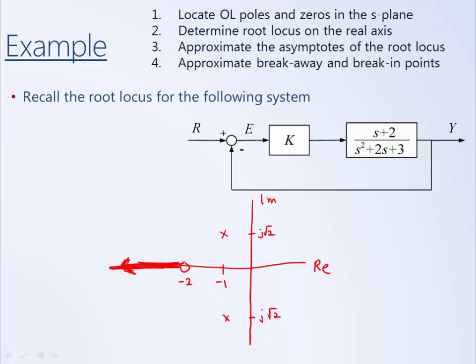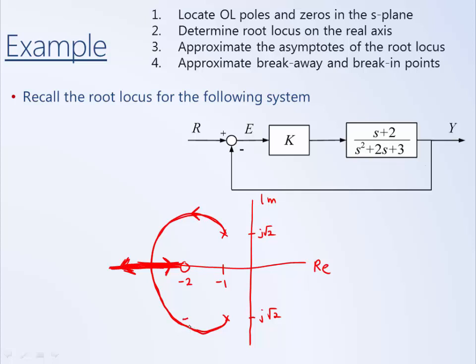Step 4 is to approximate breakaway and break-in points. So in this case, we have one branch starting at that open loop pole. We have another branch starting at that open loop pole. One of the branches is going to go to this asymptote. The other branch is going to go to the open loop zero.